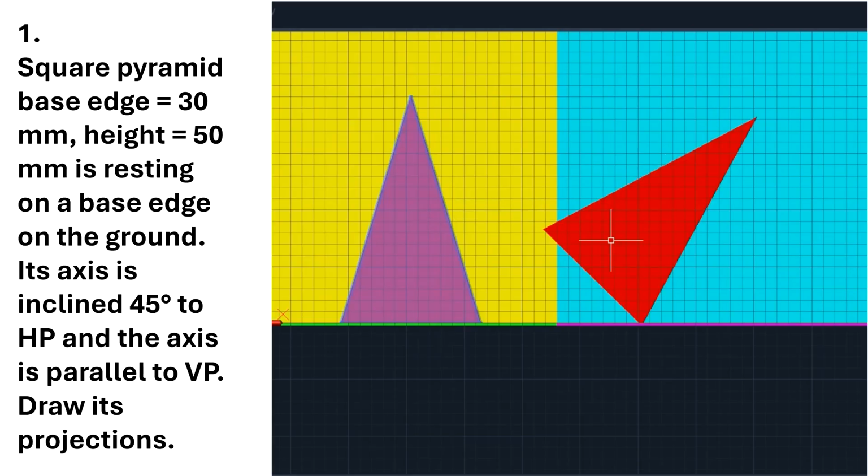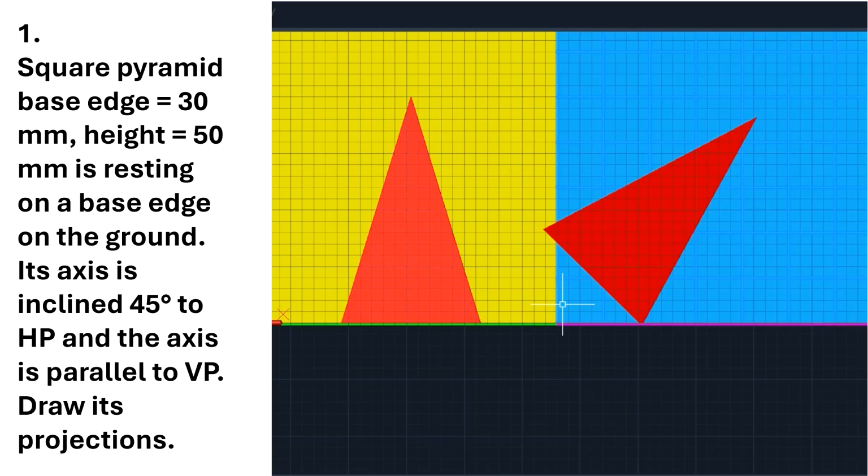In order to get this view, you make the axis 45 degrees with the horizontal plane when you rotate this solid by the required angle. If you observe the front view of these two positions, the shape of the solid is the same.